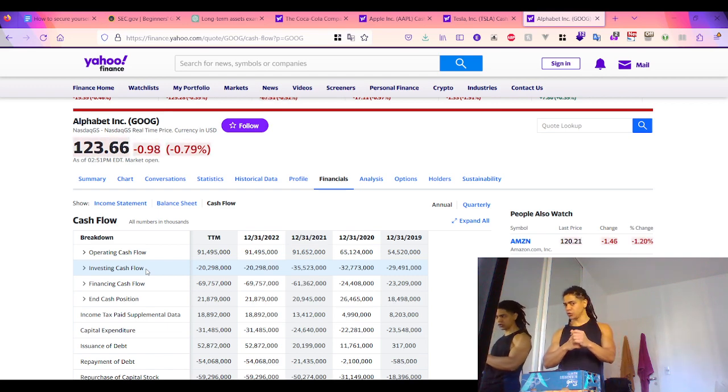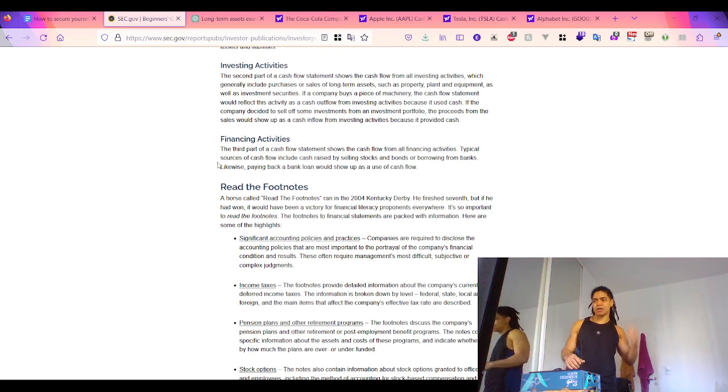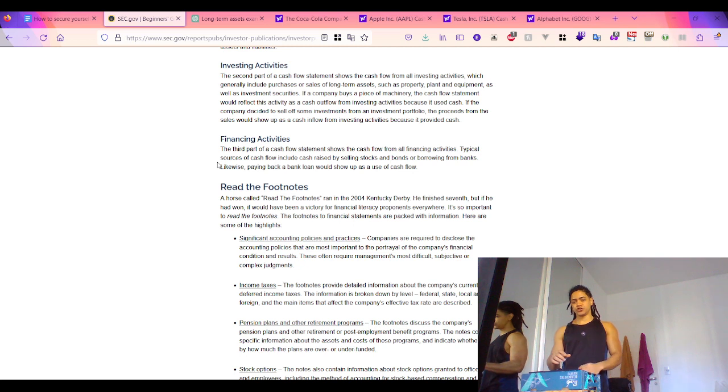And then I look at the financing activities, which is the third part of the cash flow statement. The third part shows the cash flow from financing activities, and typical sources of cash flow include cash raised by selling stocks.